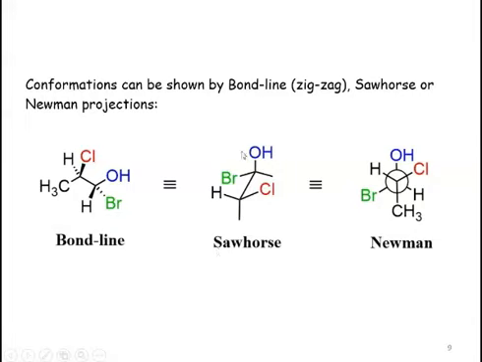Sawhorse projection of the same conformer is shown like this, and Newman projection is shown like this. So these are three different ways by which various conformations can be represented on a 2-dimensional plane, or in the plane of a paper.